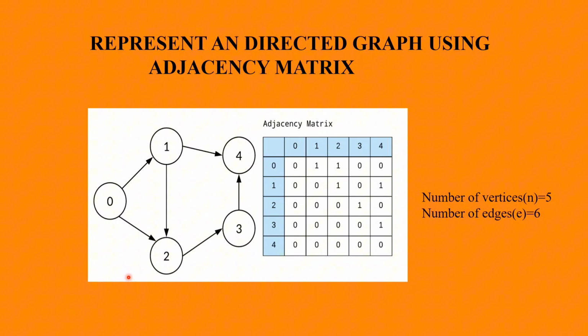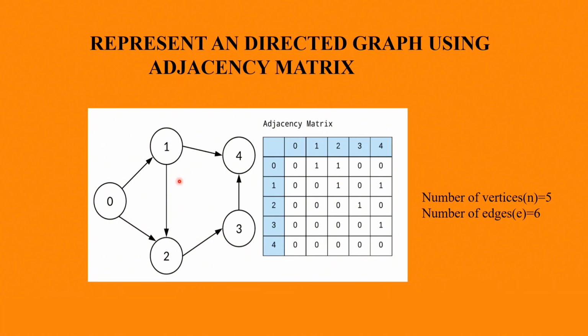It is called a directed graph because these edges are given a direction. You can go from 1 to 4 because the arrow is in the direction of 4, but you cannot go from 4 to 1. You have to consider the direction of the arrow.